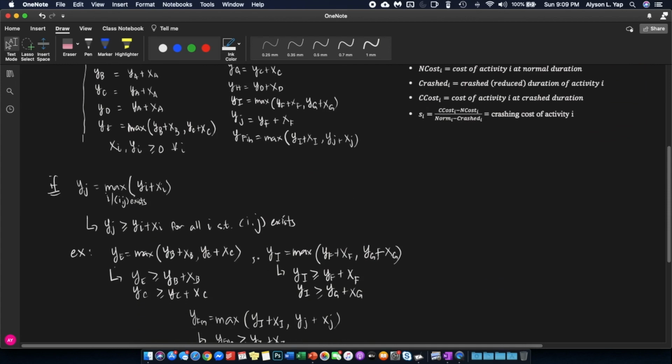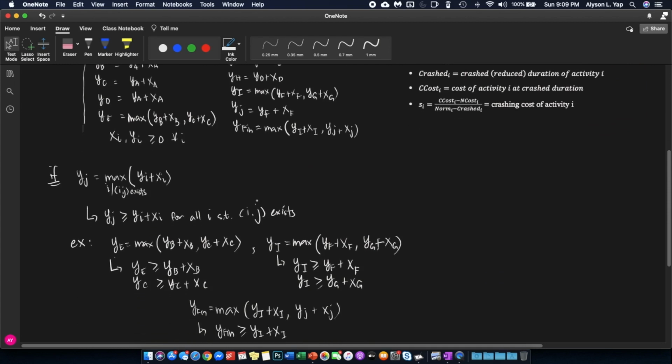Now, how do we deal with the maximum functions in our model? If your y sub j is equal to the maximum of y sub i plus x sub i for all i such that (i, j) exists.